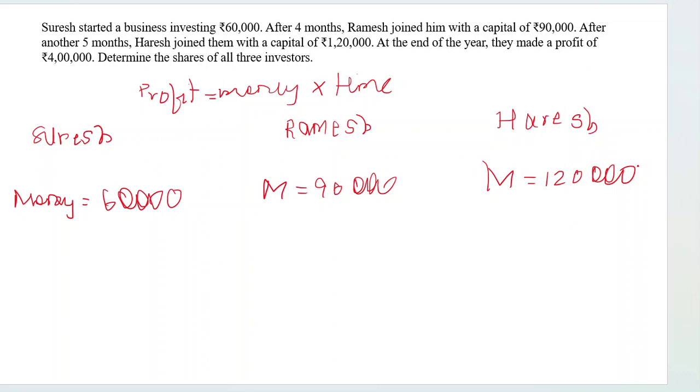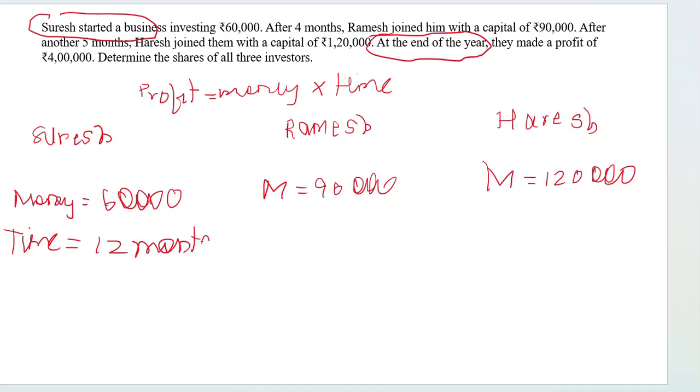For Suresh, the time is, if you observe, at the end of the year, that means the whole process is carried out for 1 year. And Suresh started the business, so he was there for all the 12 months. A year has 12 months and Suresh was there for all 12 months.